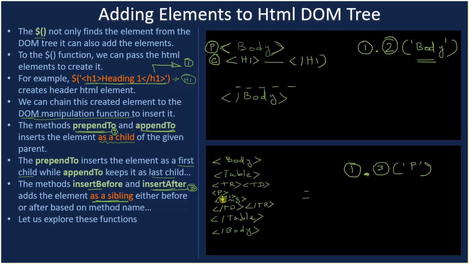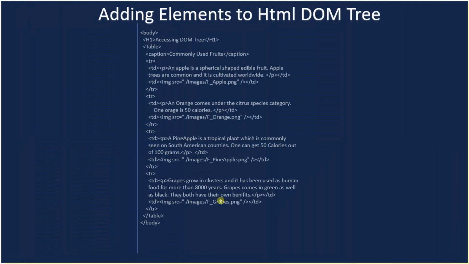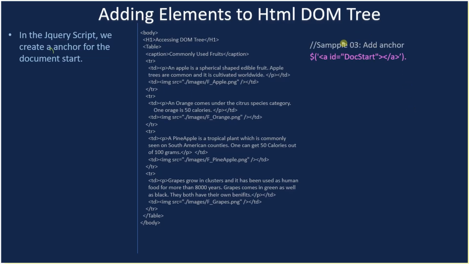Let's explore this function with the example. So here HTML is given for our reference. In the jQuery script, we create an anchor. We create an anchor for the document start, right?